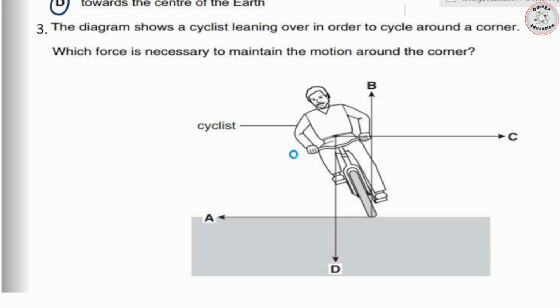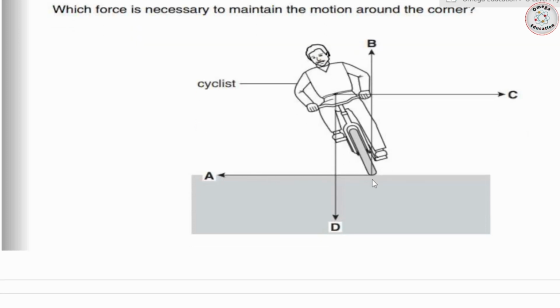Now we have to guess here what direction would represent the center of the circle. And it has to be guessed from the way the cyclist is leaning over. If this cyclist is leaning over on this side, the direction of the circular motion would be this.